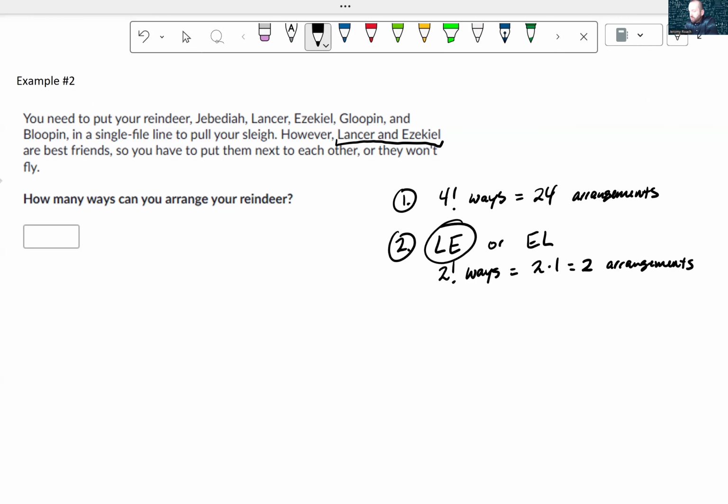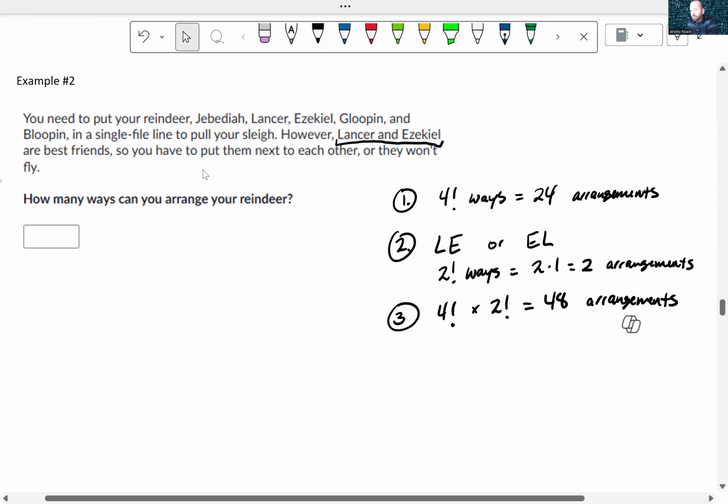So we're putting this possibility and that possibility there. So I can think of this as a permutations problem. We're going to multiply 4 factorial times 2 factorial, and that's going to give us 48 arrangements. All right, I think that was probably one of the tougher ones.